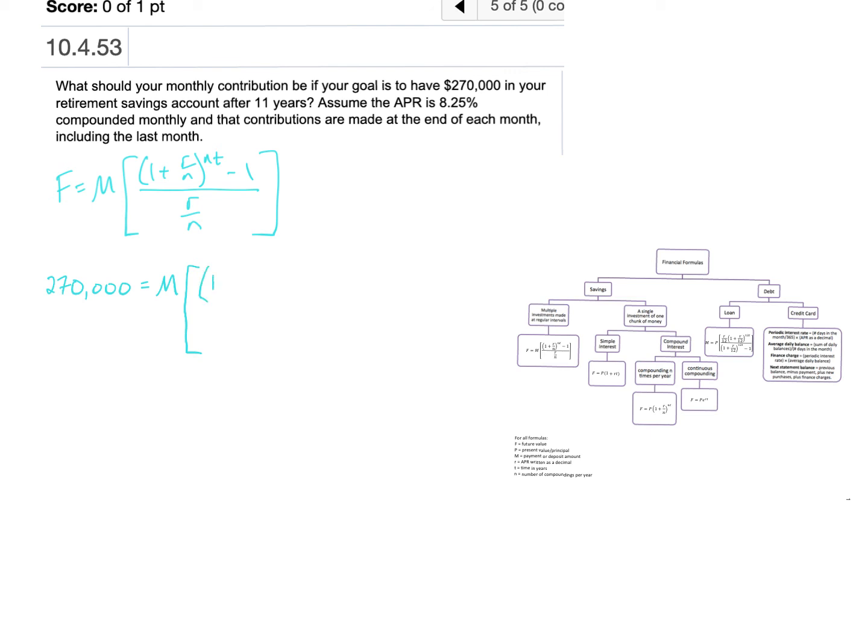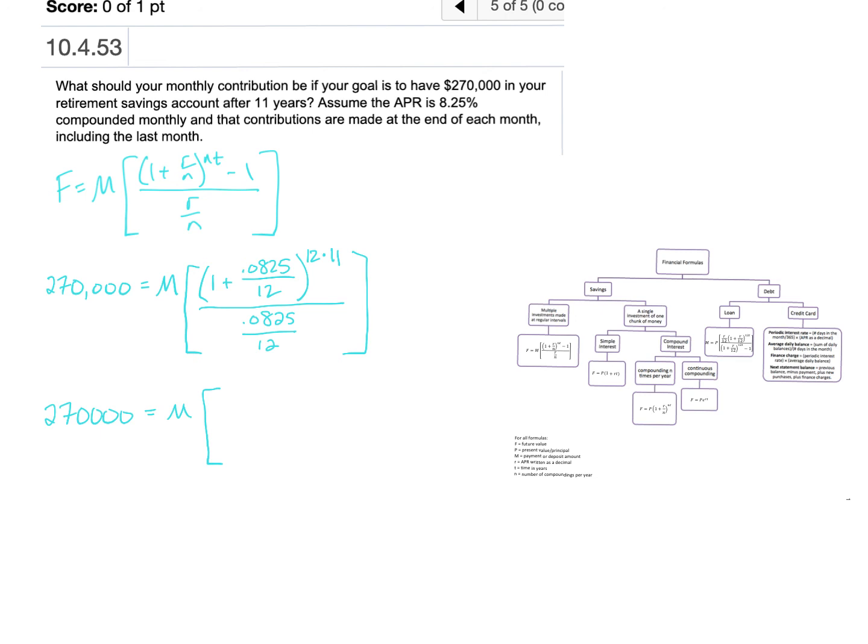So I have 1 plus, R is 8.25, so 0.0825, over N, the number of compoundings, which they told us is compounded monthly, so that's a 12, raised to the 12 times 11 years, divided by 0.0825 over 12. Okay, so 270,000 is equal to M times a number. We just have to calculate what this number is.